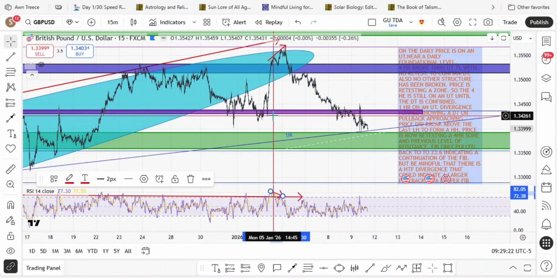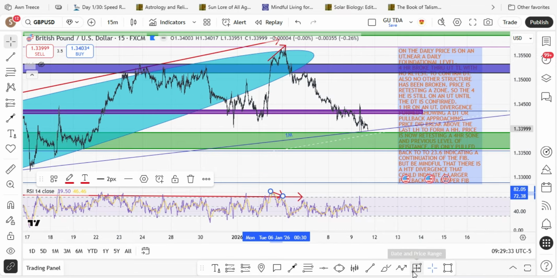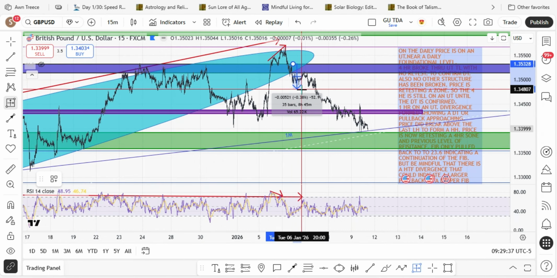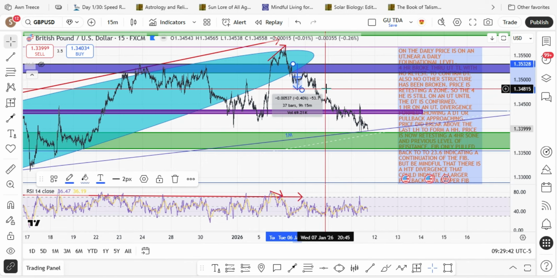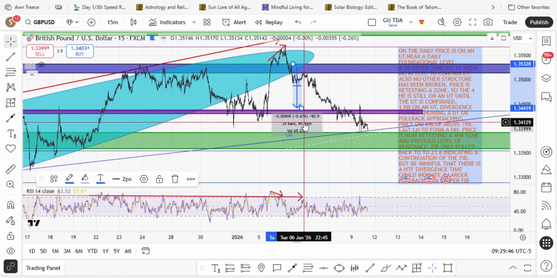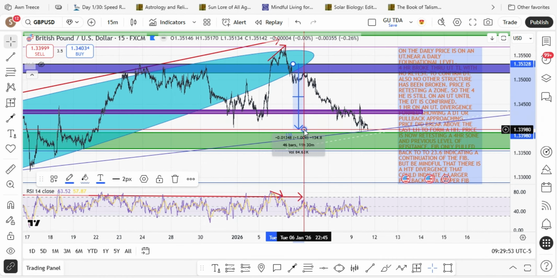It's hard to tell on this chart because I just marked all this up. Would this have been a zone, or would this have been a zone? If this was a zone, I guess that would have been like 50 pips. This to here, what is that, 90? And then down here, 130.